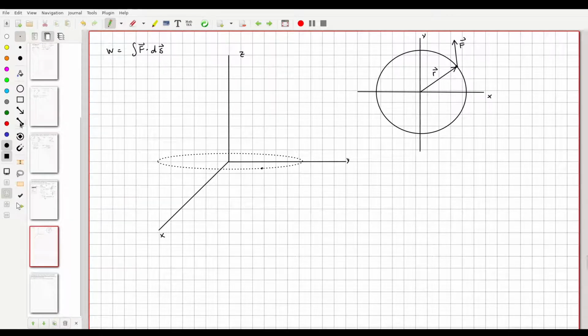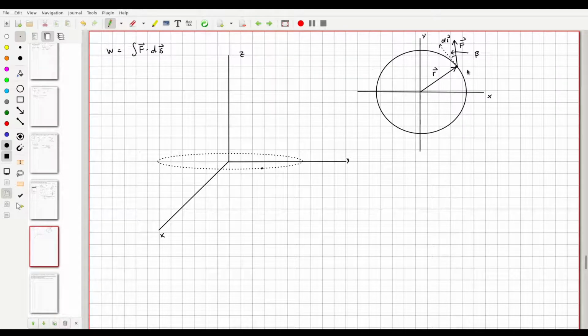Okay, so what we're looking for, if you think of that direction right there as being the direction of the ds vector, would be the dot product between these two right here. Now I called that theta. Let me call that something else. We'll go with beta just to be different.